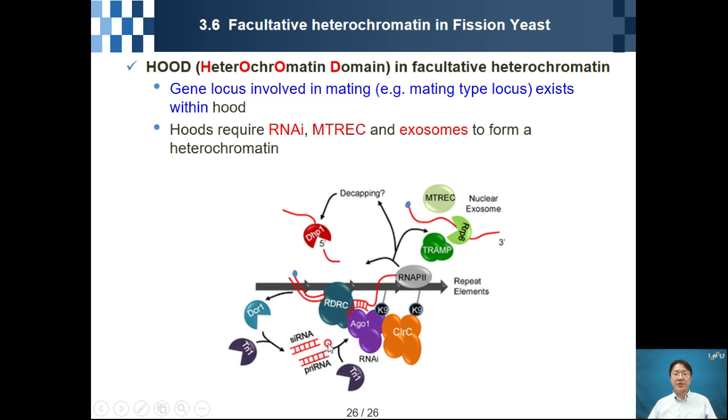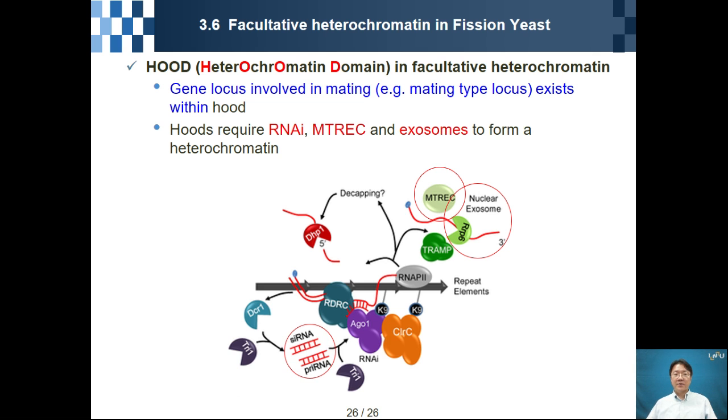So HOOD requires RNAi and MTREC and the exosome to form heterochromatin. But in this slide, I will not cover in detail the heterochromatin formation mechanism in HOOD.